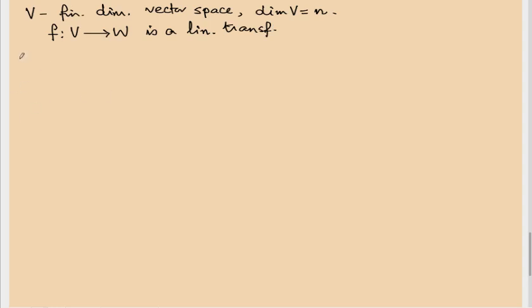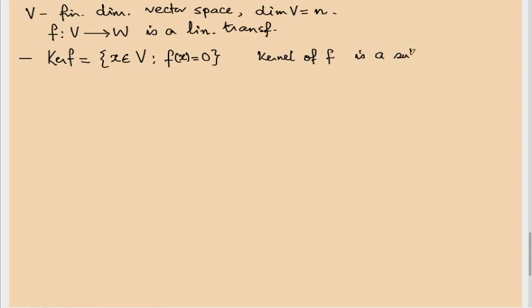Now remember, in one of the previous problem sets, I defined this particular set, which is the kernel of f. What is it? It is the set of x belonging to V such that f of x is 0. It's called the kernel of f, and I asked you to show it is a subspace. And it is pretty simple. Why?